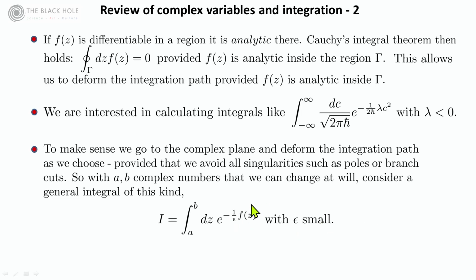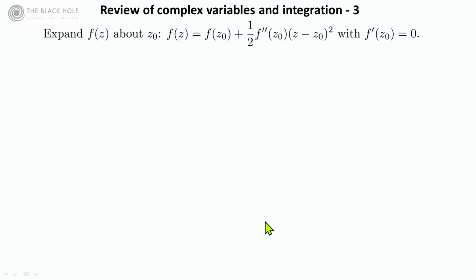And this is an analytic function, assumed to be analytic everywhere. That will be, of course, the action. The action is smooth, analytic. We don't have to worry about that. All right, so in that case, I'm allowed to always expand my function f in terms of the zeroth derivative. There's no first derivative because f prime at z0 is equal to 0.